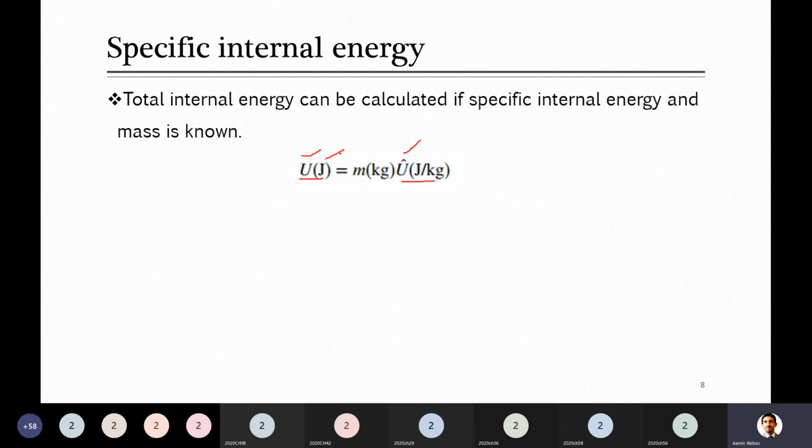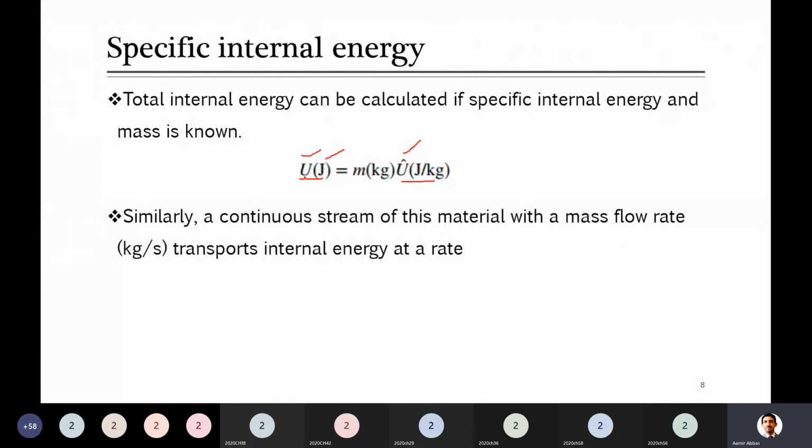The reason is, guys, when you consult the literature, specific internal energies for various fluids and chemicals are given. These values are available in the literature in the form of specific internal energy, not internal energy. So you can look them up, multiply by the amount of that material and you will get internal energy to use in your energy balance equation.